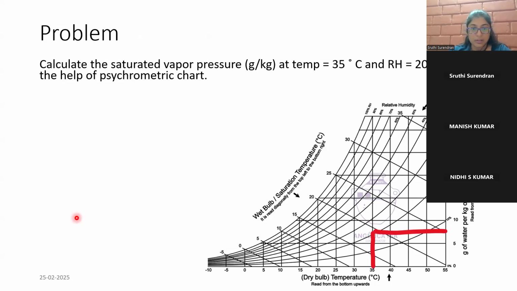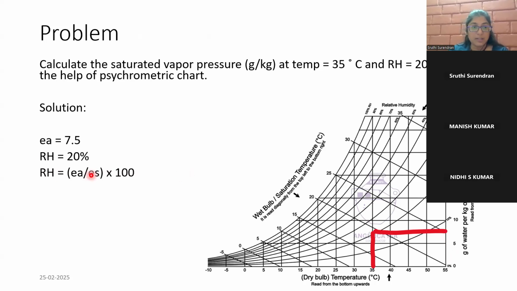If you see here, for this temperature, 35 degrees Celsius, the absolute humidity is 7.5 grams per kilogram. Now we have been asked to find the saturated vapor pressure.